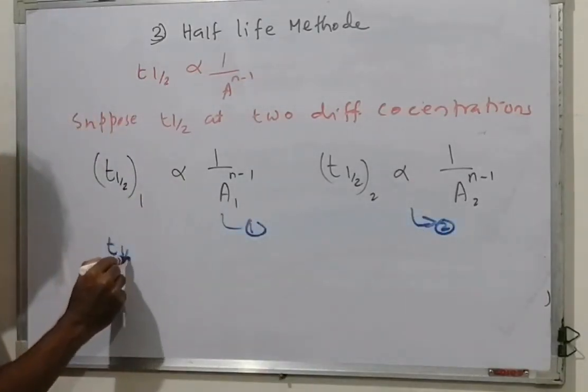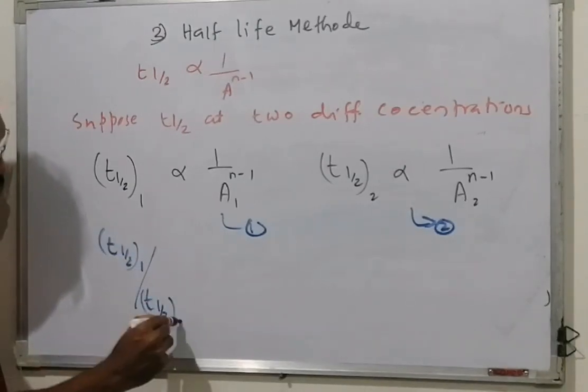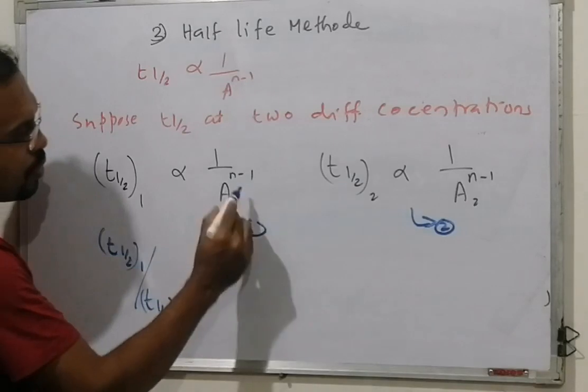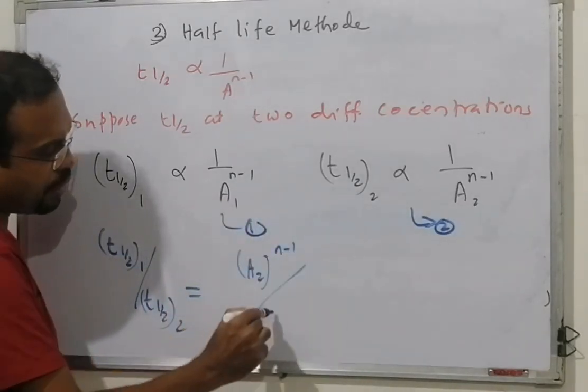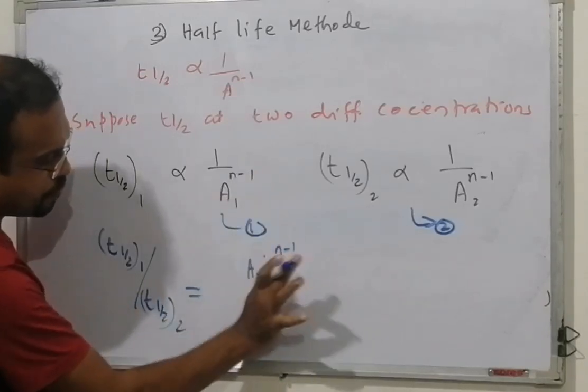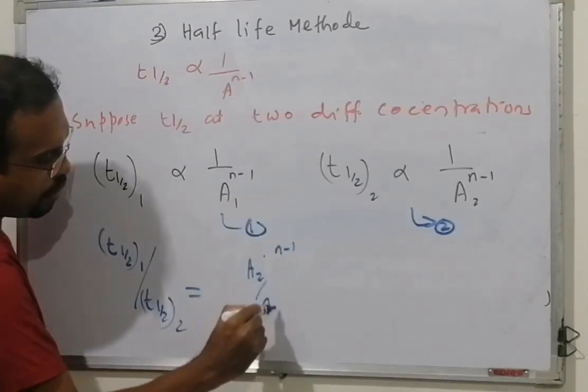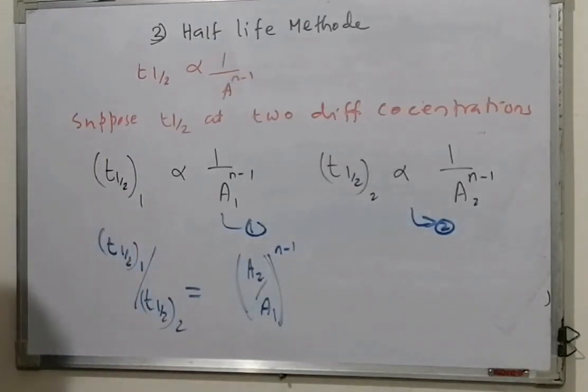Therefore, t1/2 of 1 all divided by t1/2 of 2 is equal to A2 by A1, all raised to n minus 1. Okay.